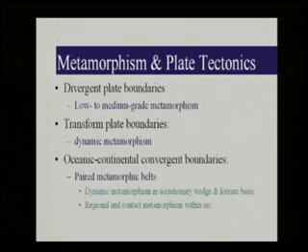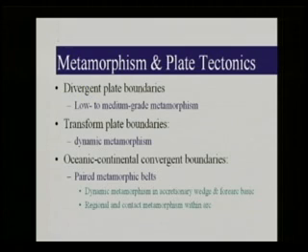Oceanic continental convergent boundaries, we end up seeing what are known as paired metamorphic belts. We have regional metamorphism to a great extent geographically and to a great depth.